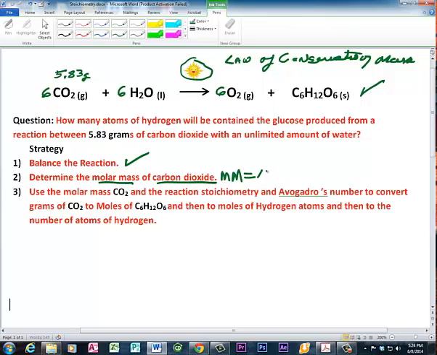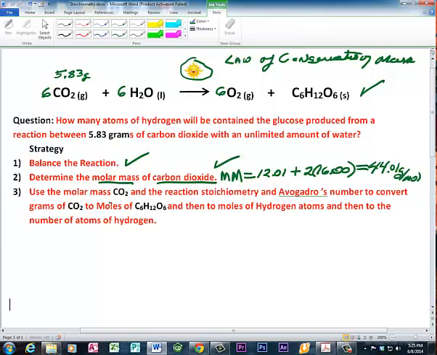I have 1 carbon, so that's 12.01 grams per mole, plus 2 times 16.00 grams per mole for oxygen, and that gives me a grand total of 44.01 grams per mole for carbon dioxide. All right, so now I've got the molar mass of carbon dioxide, and I'm ready to go.